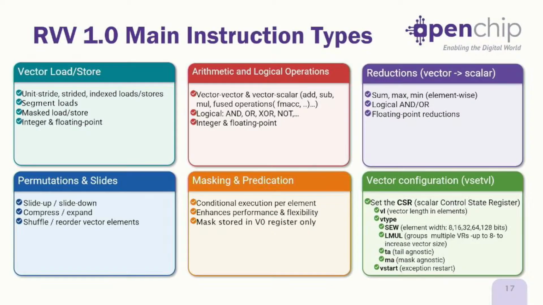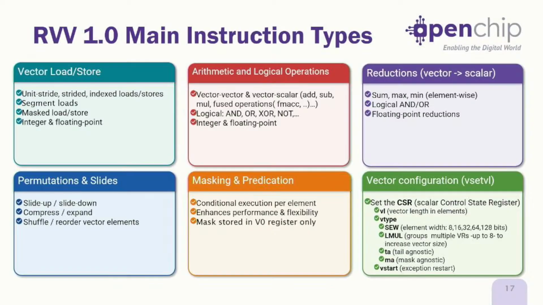The permutation and slides are the set of operations which take the data in one vector and move the data the way you want. So you can shift, slide up, slide down, or compress, when you have many zeros in the vector and you compact all the non-zero elements in the first part of the vector, or shuffle, moving the data inside the vector as you prefer.